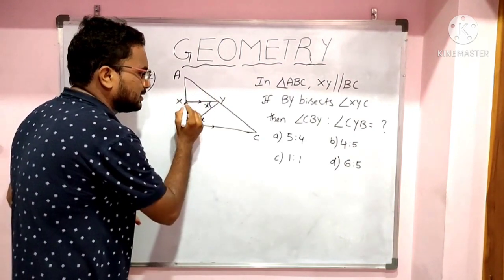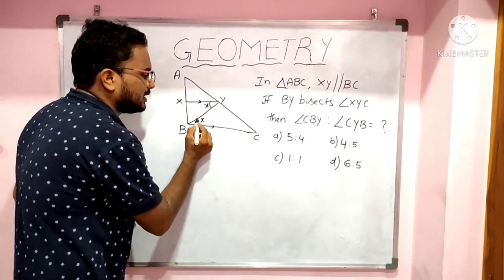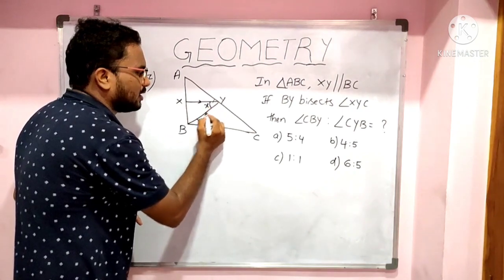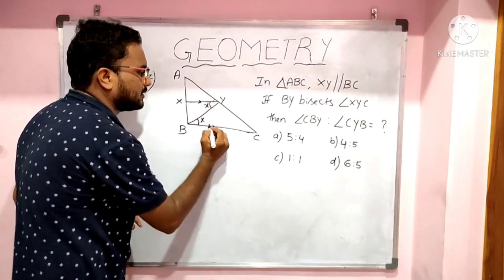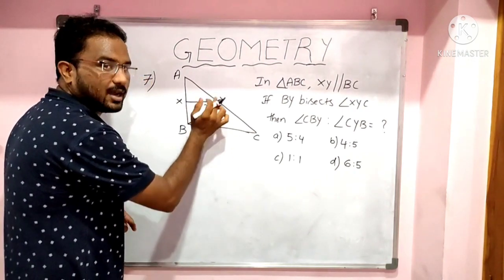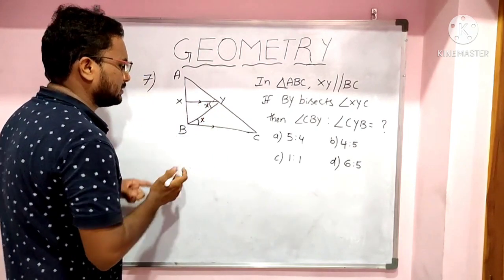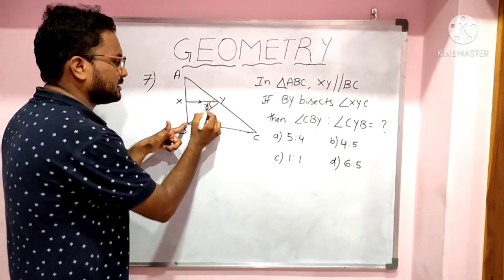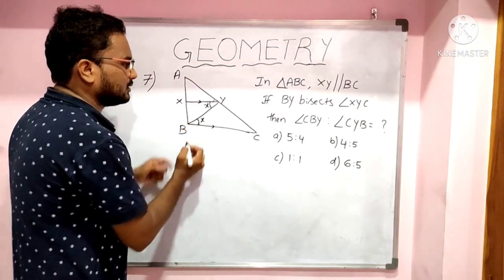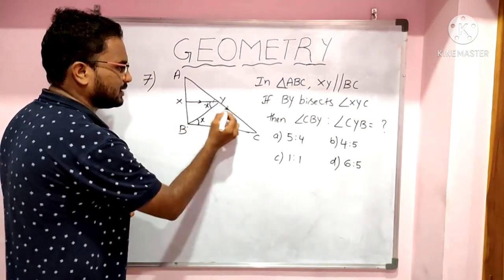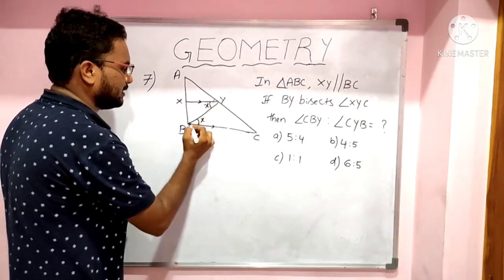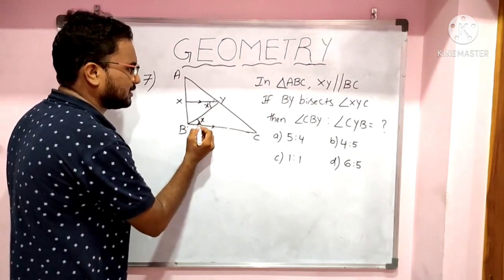These two are alternate interior angles, so these two angles should be equal. If this is X, then this should be equal to X. CBY is X.